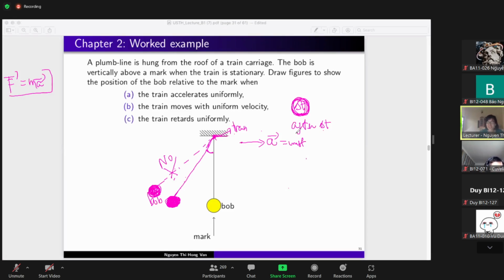So that is why I repeat my question: assuming that we get the constant acceleration, and then the train continues to accelerate constantly, what happened to the bob? Well, it was an example.